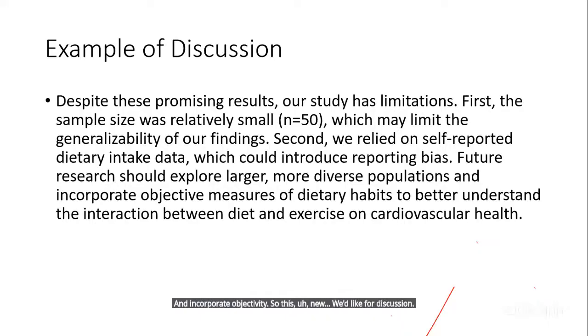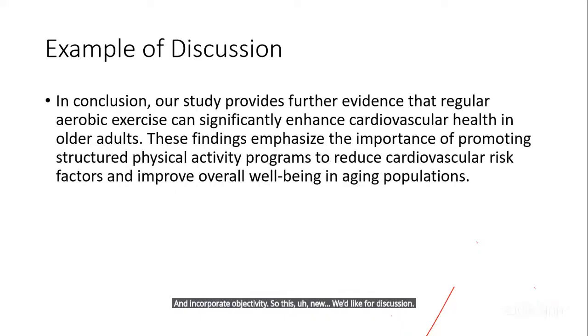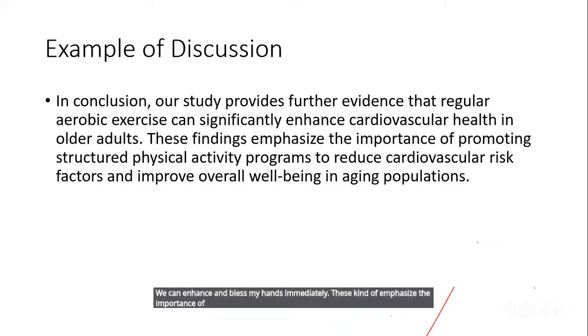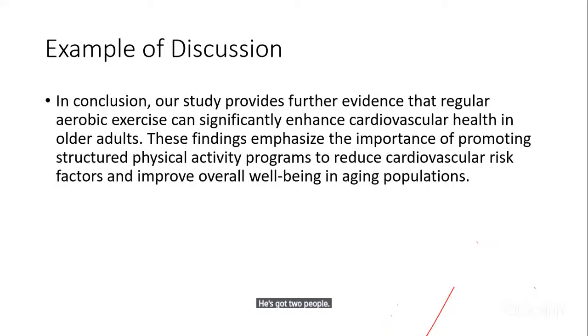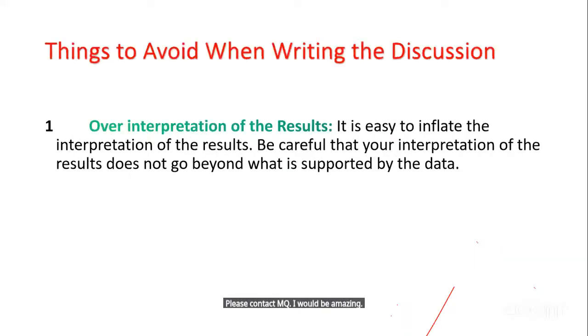Right? So always point out your limitations. In conclusion, our study provides further evidence that regular aerobic exercise can significantly enhance cardiovascular health in older adults. This study emphasizes the importance of promoting structured physical activity programs to reduce risk factors and improve overall well-being in the aging population.